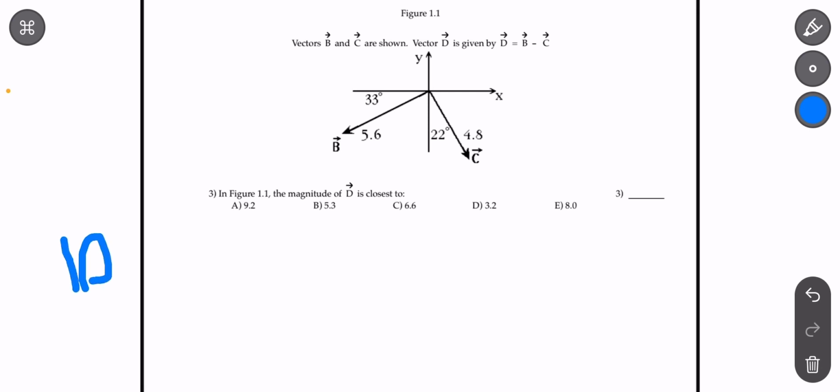B, D. You plug it into this equation now.